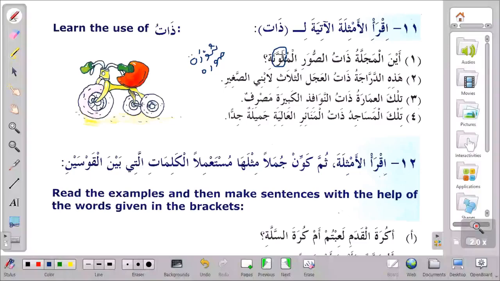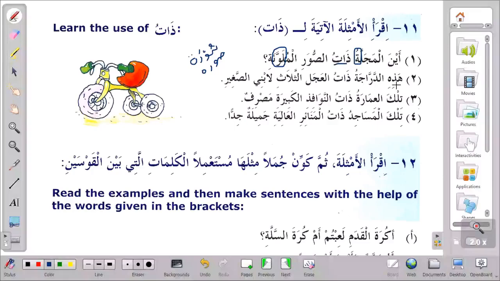So they just say Mulawanatun, colored. The thing that is being colored is all called Mulawanatu. So Aina al-Majallatu Zatu Suwari al-Mulawanati: where is the newspaper that has colored pictures? I hope that is clear. Because Majallatun here is feminine, that is why we use Zatu, but we don't use Zu.